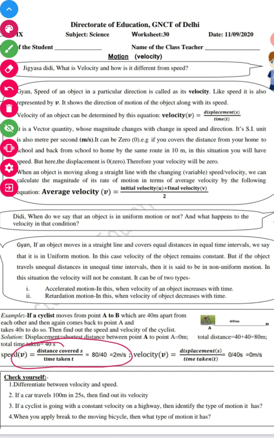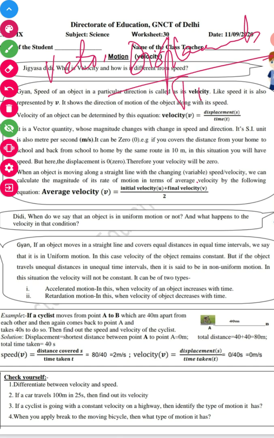But in the case of velocity, we have displacement divided by time. And students, what is displacement? It is the shortest distance covered by an object. So if the cyclist moves from A to B and covers 40, and then B to A covers again 40 in the opposite direction, then we take this 40 as a negative value.